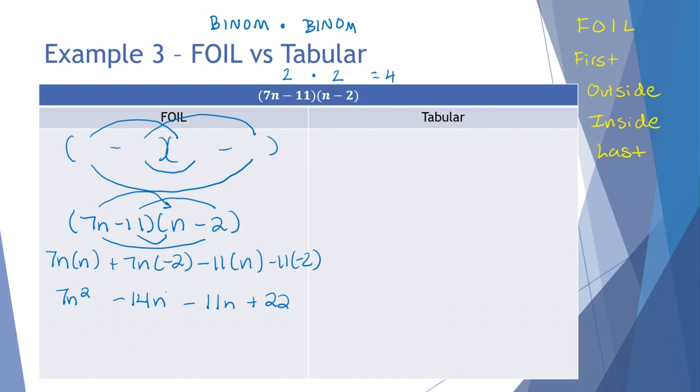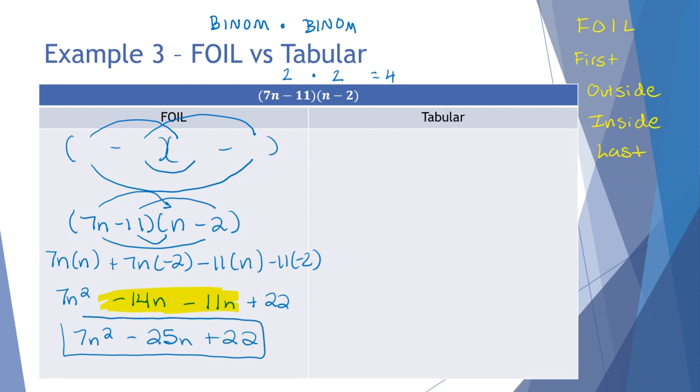I'm going to highlight these. Minus 14n minus 11n. So the insides here, these add together. So we get 7n squared minus 14 minus 11 is negative 25n. And then plus 22.